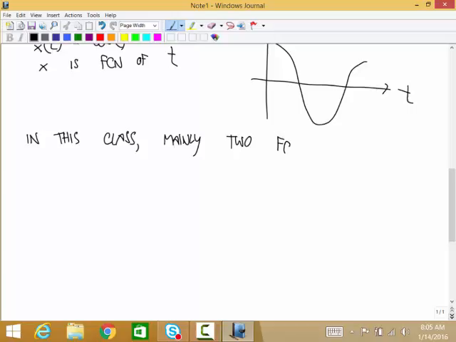The most important one, the most common, is going to be a position variable that depends on time.